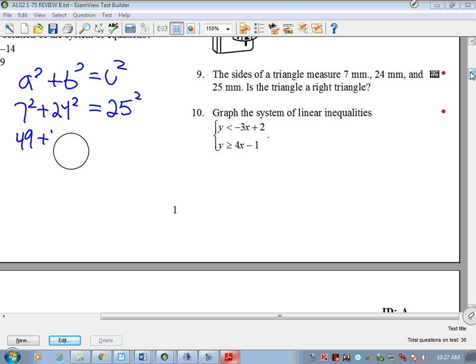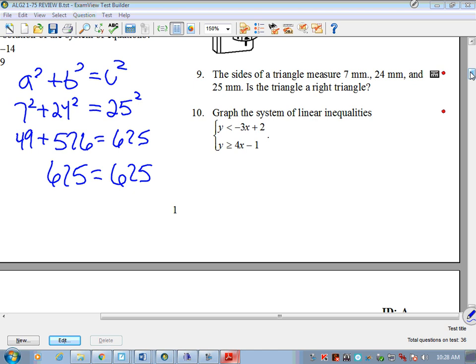Okay. 576. And I think 25 squared is 625. 625? All right. What is 576 plus 49? 625. All right. Because these two things equal, is that a right triangle?